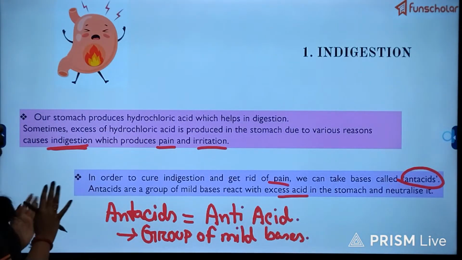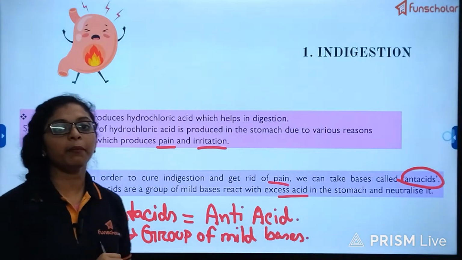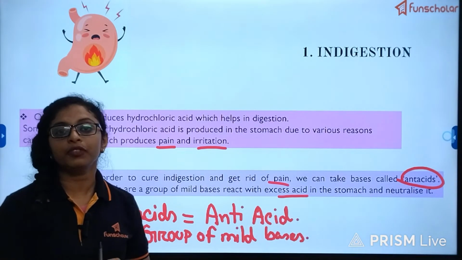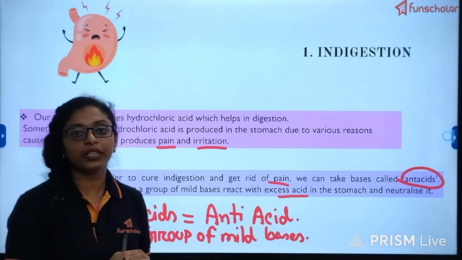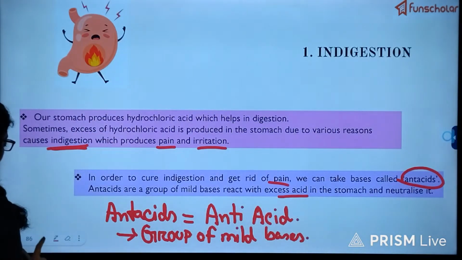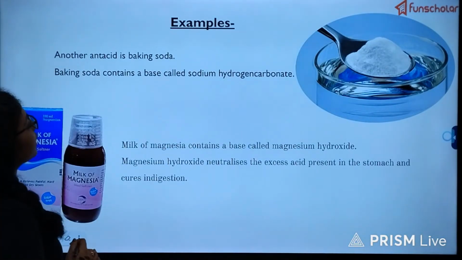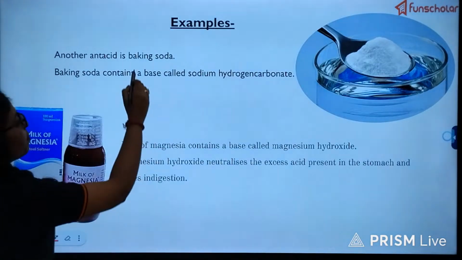Okay, so here we got to understand one very important example of a neutralization reaction working in our daily life, right? Let's move to the next reaction. Okay, so another antacid is baking soda.